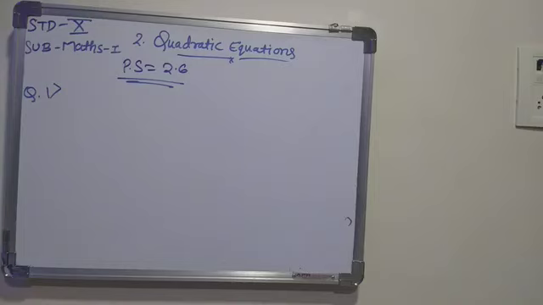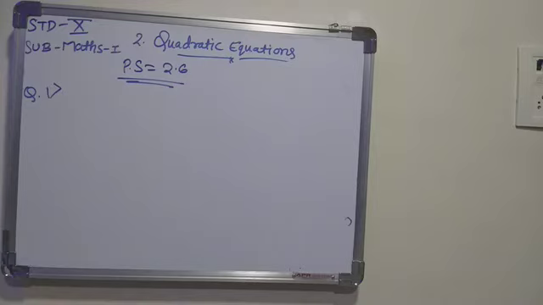So our first question is: the product of Pragati's age 2 years ago and 3 years hence is 84. Find her present age. This is question number 1 of the practice set.